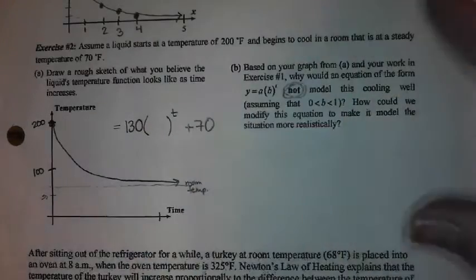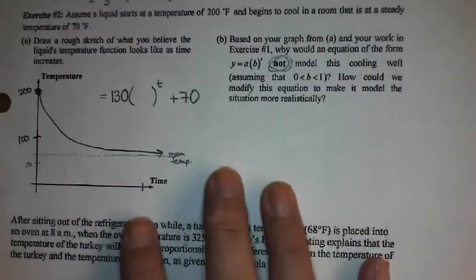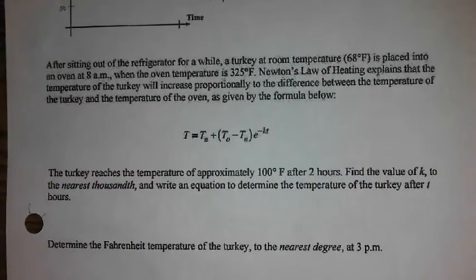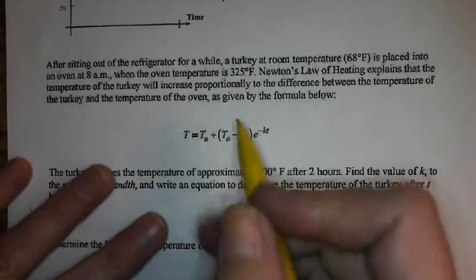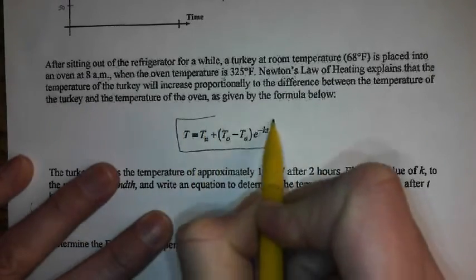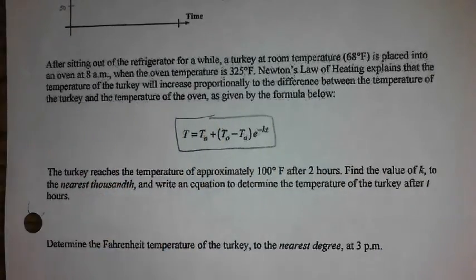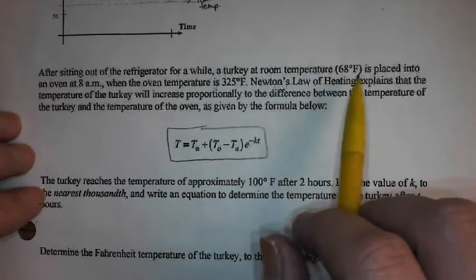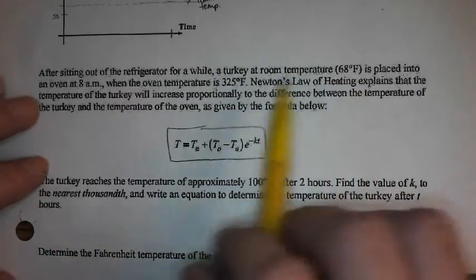All right, so that's just the idea of Newton's law of cooling, which also can be Newton's law of warming up as well, but it's not really ever called that. All right, so here we're given a formula, and I'll tell you what all those variables stand for in a minute. After sitting out of the refrigerator for a while, a turkey at room temperature is placed into an oven.